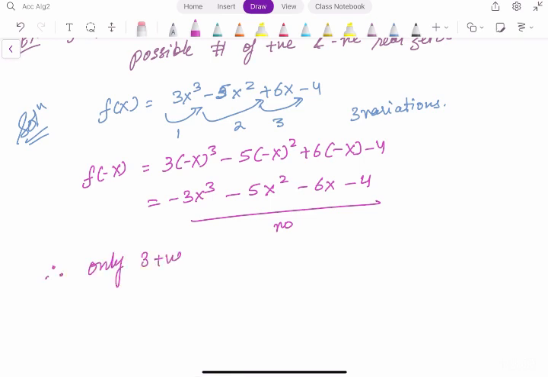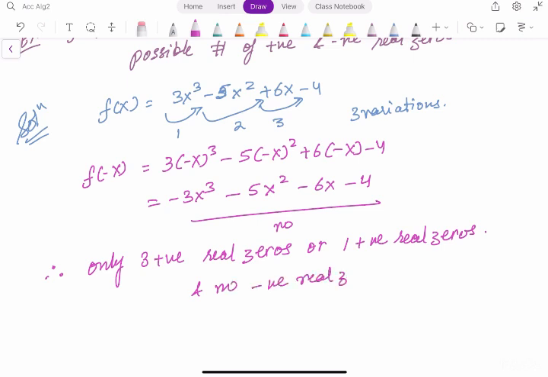From the first evaluation, the positive ones, we can say 3 positive real zeros, or 3 minus 2, which is 1. So only one positive real zero, because whatever number of positive real zeros you get, that number and that number minus 2 will be the possible counts.